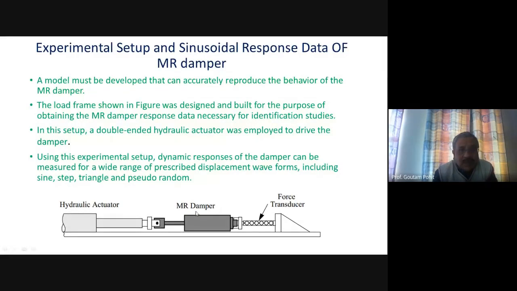That means the hydraulic actuator might be moving in a sine function, step function, or triangle function, and we find out the dynamic response of the damper at this end.